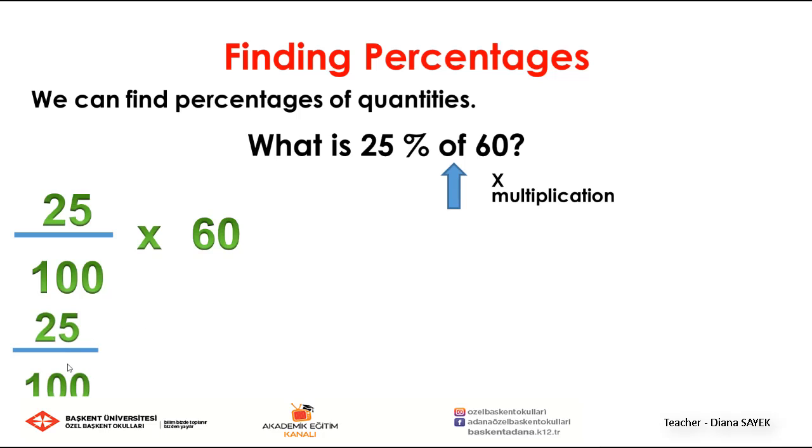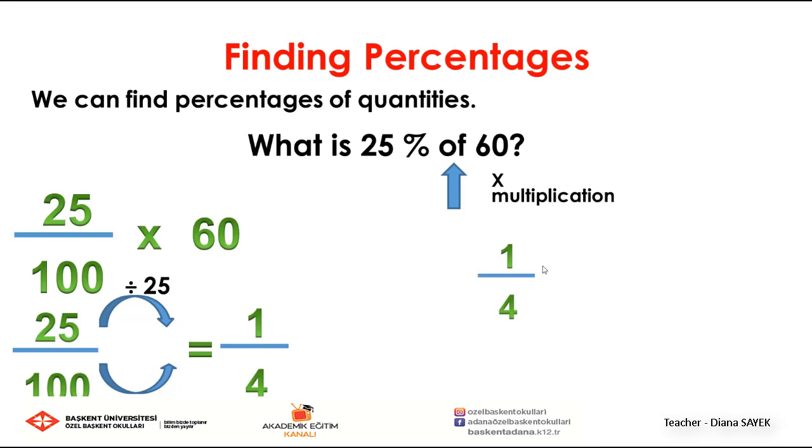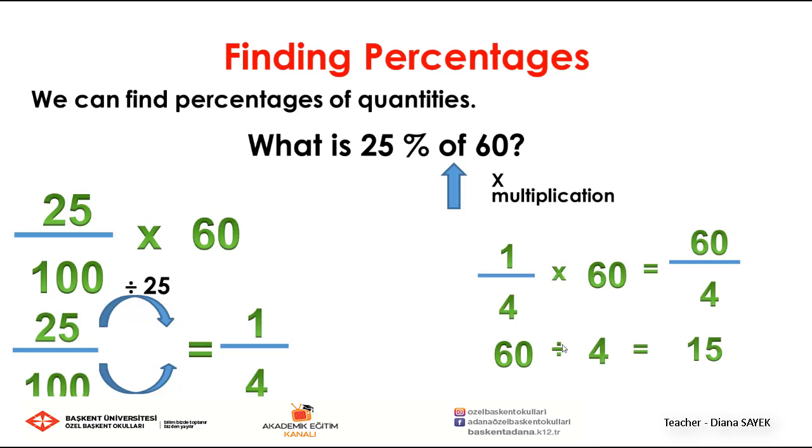We know that 100 is divisible by 25, so we quickly simplify our fraction to make it 1/4, and we're going to do 1/4 multiplied by 60, which is the same as saying 60/4. 60/4 is 60 divided by 4 equals 15. So 25% of 60 is 15.